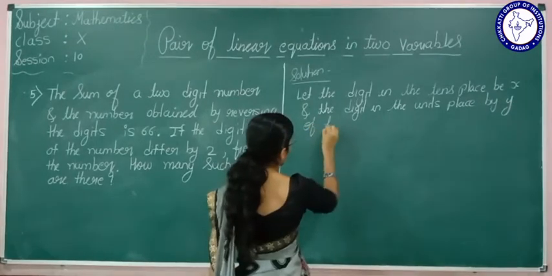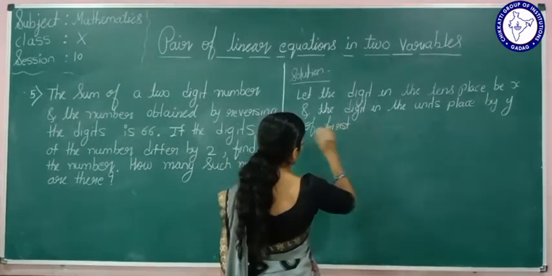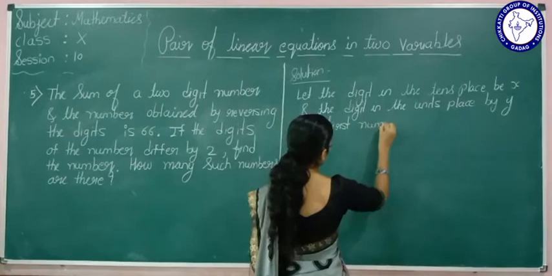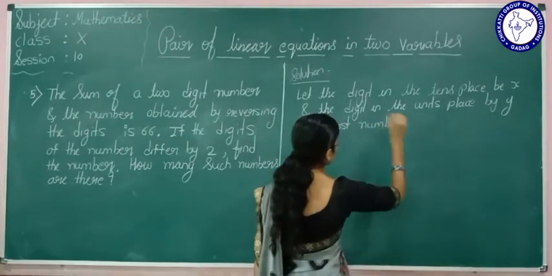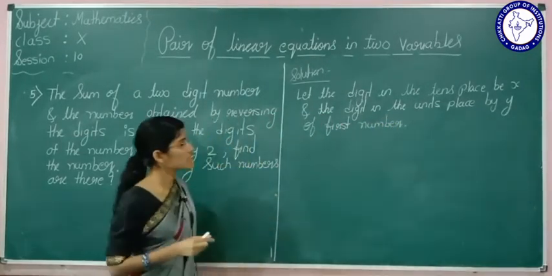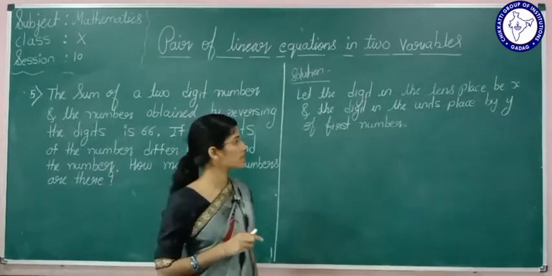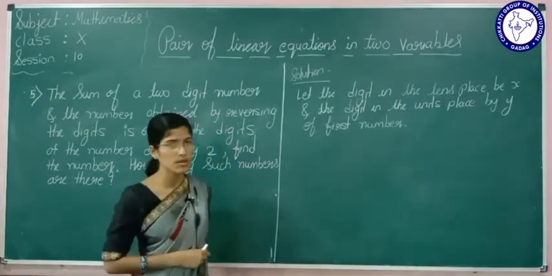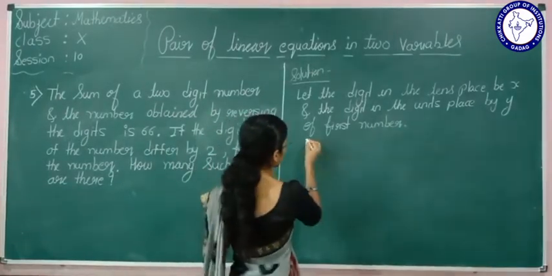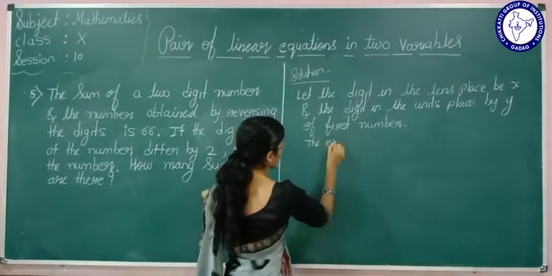Okay, whatever I explain I am just writing here. Let the digit in the tens place be x and the digit in the units place be y of the first number.